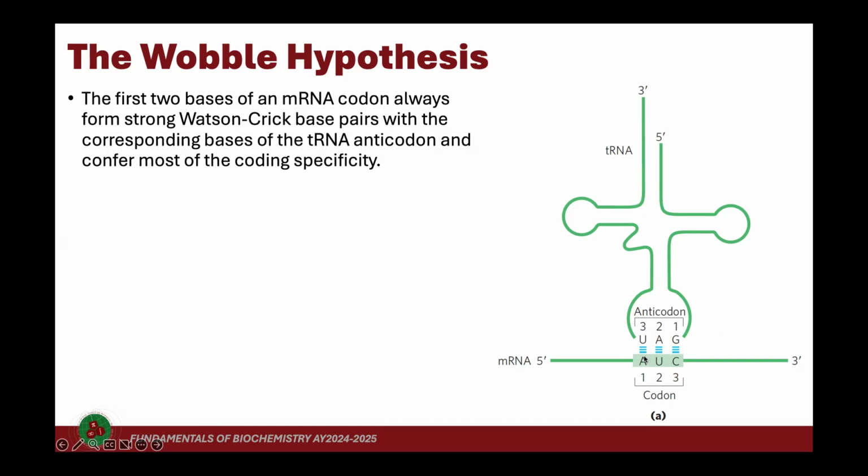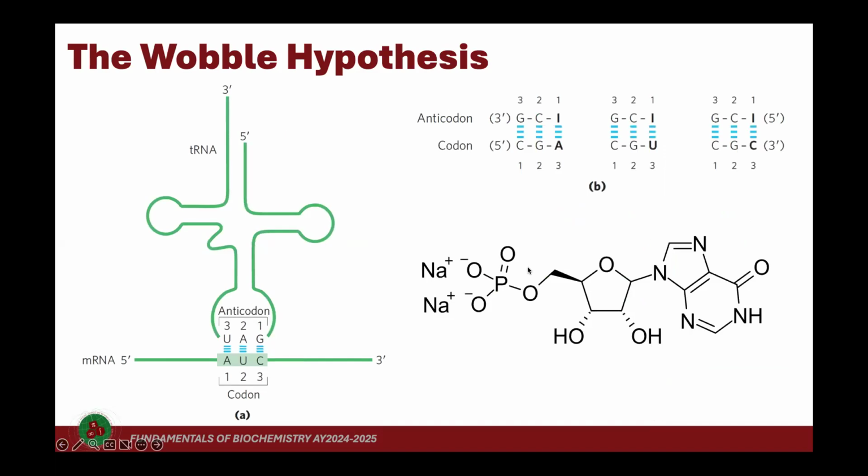So here we are looking at the first and second nucleotides of the codon and the second and third nucleotides of the anticodon. So these two base pairs should follow the Watson-Crick base pairing. If it's a U, then it should pair with an A. If it's a C, it should pair with a G. Now, there is actually a different nitrogenous base that you will see in some tRNA molecules, and it's called inosine.